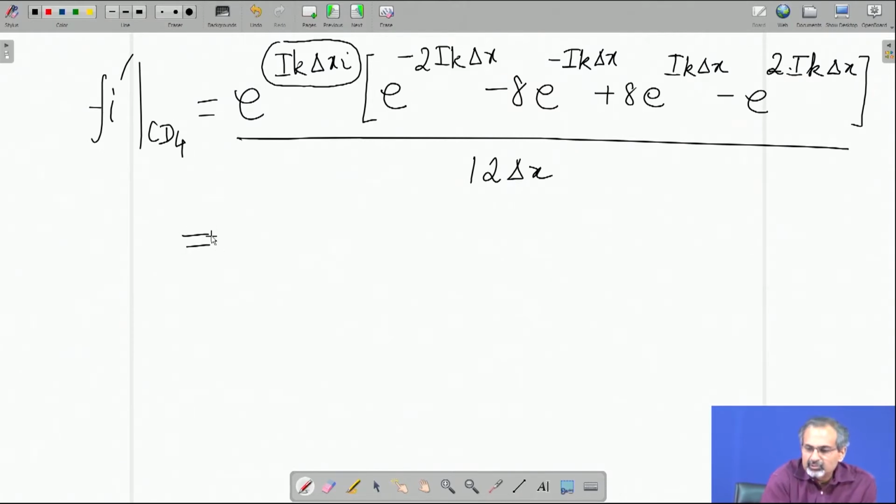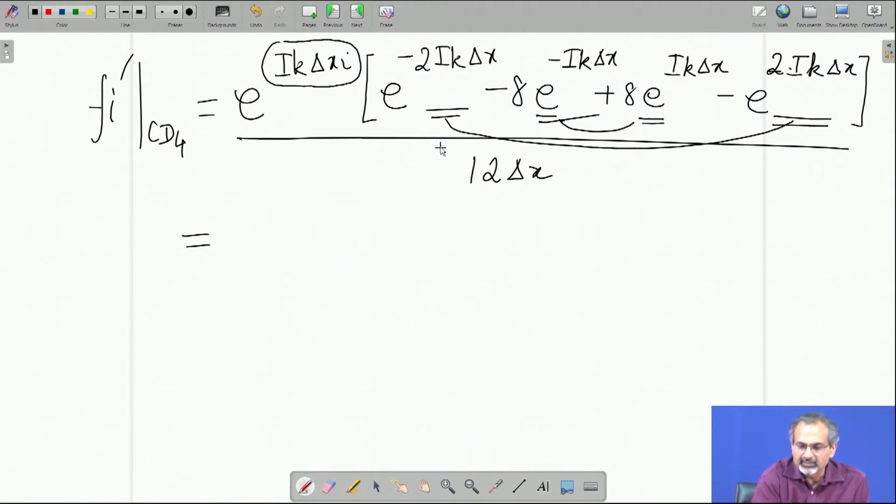So, we need to now club the terms. These two terms will be clubbed together, and again these two terms will be clubbed together. You can figure out why, because you have similar looking indices here, and you have similar looking indices here for the starting and the end terms.